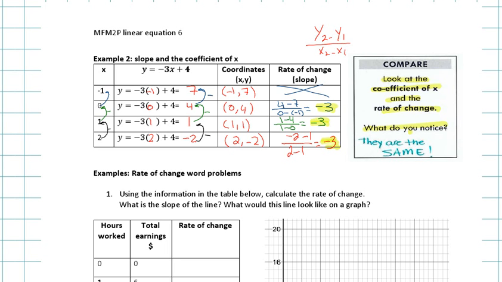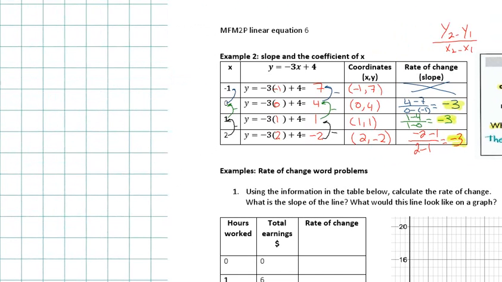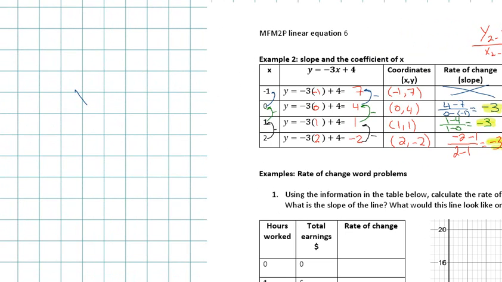Good. Now, I want to ask you a question. Is this an equation of a line? Yes. An equation of a line should be y equals mx plus a number.